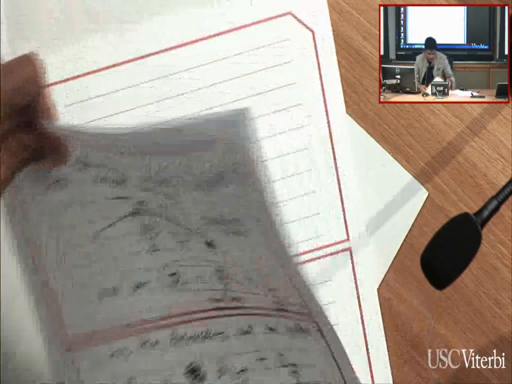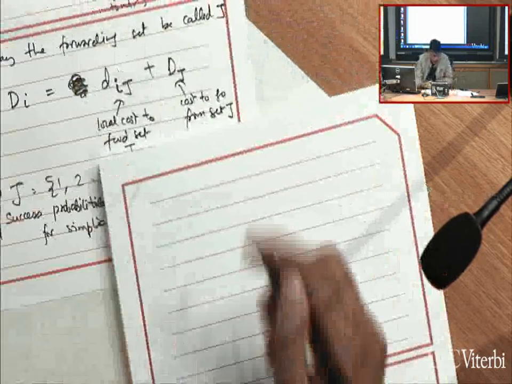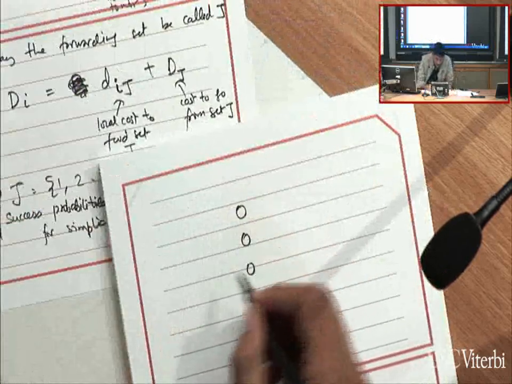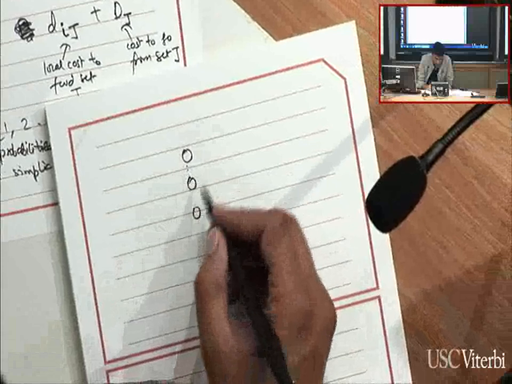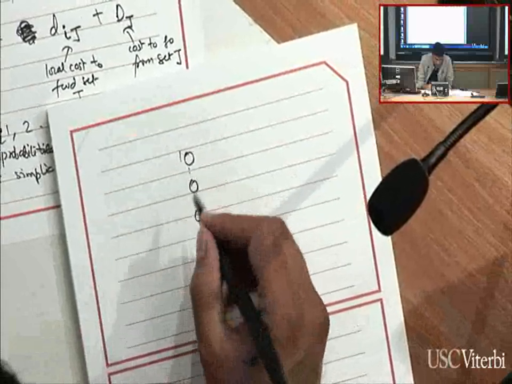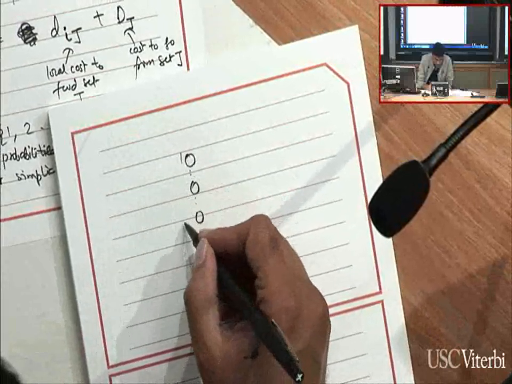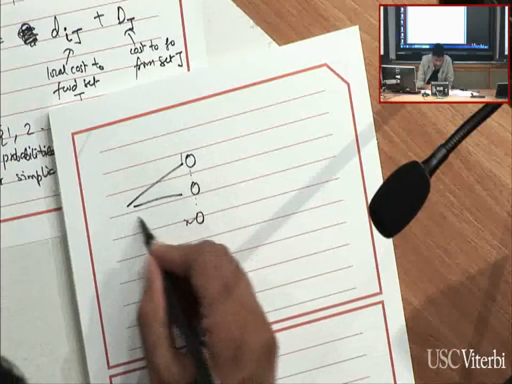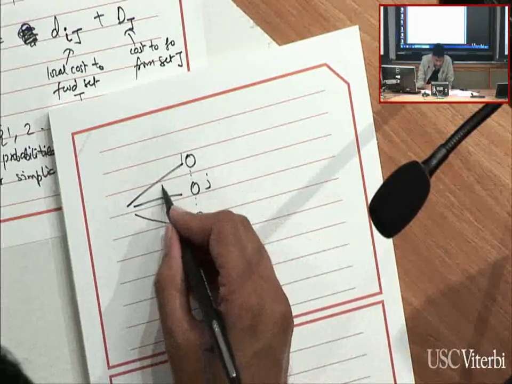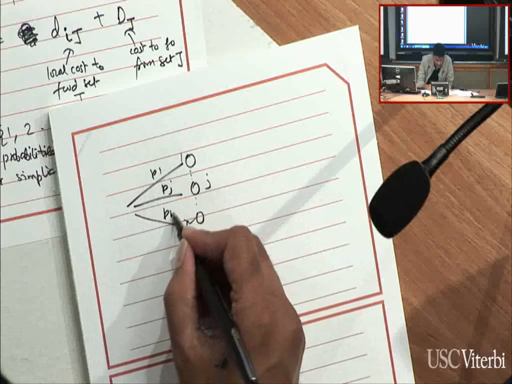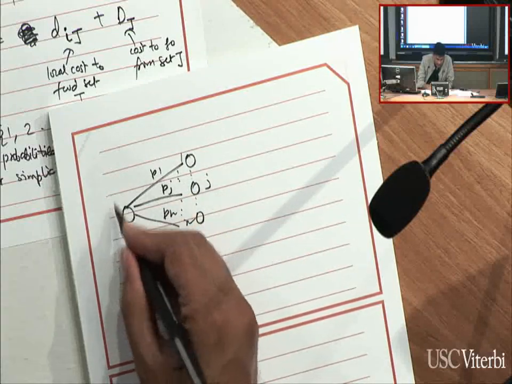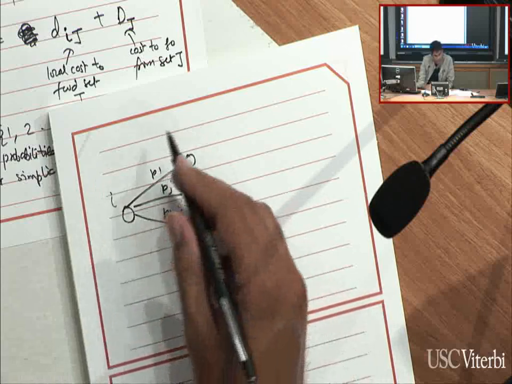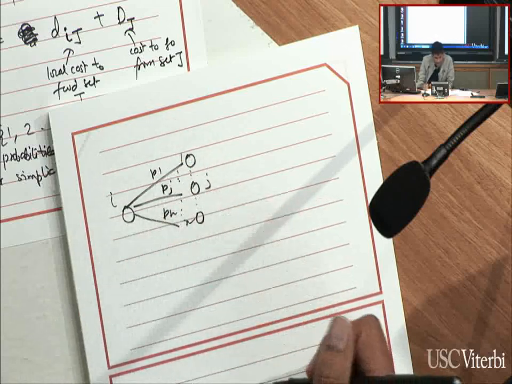So again, just to clarify that picture, we're saying there's a bunch of these nodes, 1 up to some n. And for each one of them, if this is some node j, there's a pj, p1, pn, and so on, associated with the forward success probability.